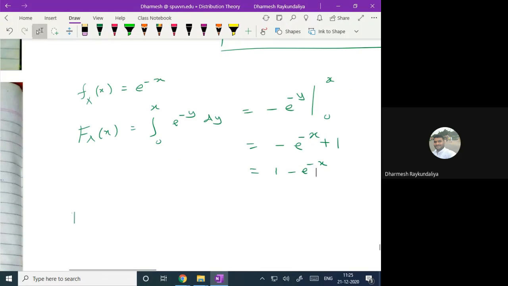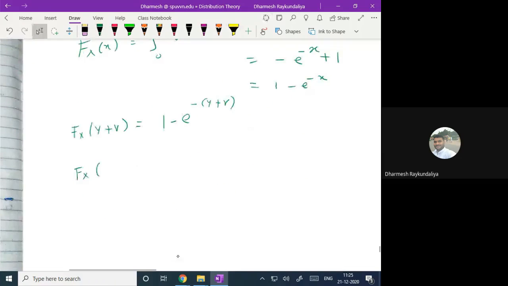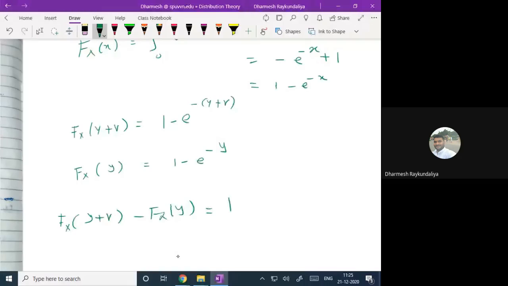Now what is Fx of y plus r? It is 1 minus e raised to minus y plus r. What is Fx of y? It is 1 minus e raised to minus y. Now I wish to find the difference Fx of y plus r minus Fx of y, which is 1 minus e raised to minus y plus r, minus 1 minus e raised to minus y.